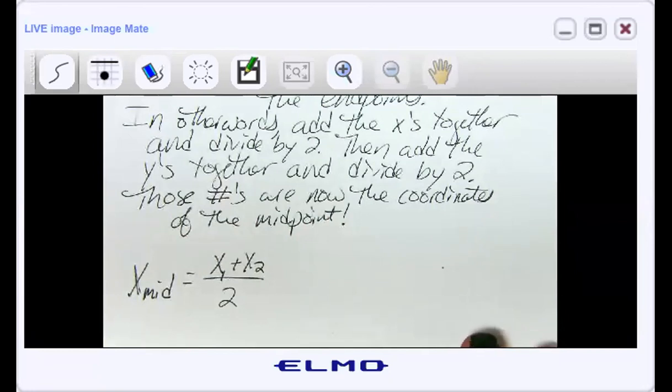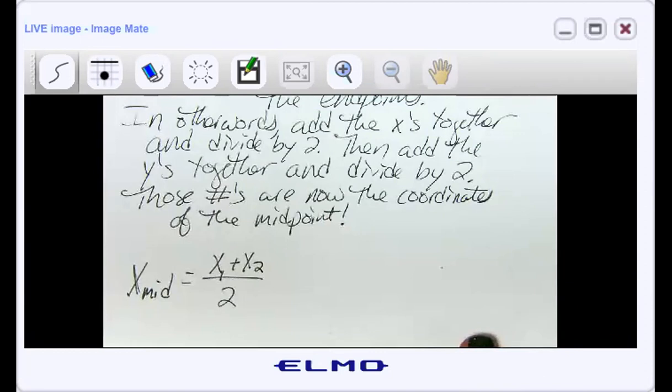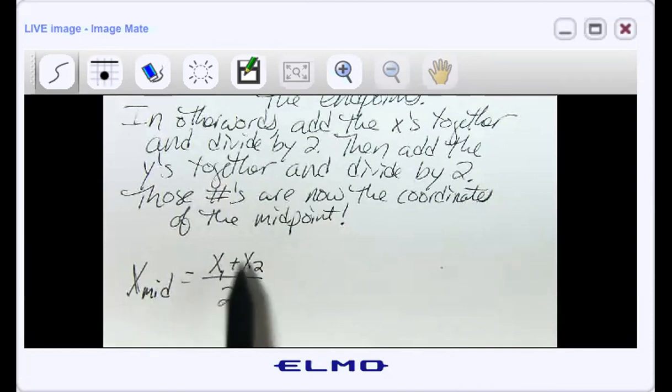All right, I know this looks weird at first, but once we do an example out, I think it'll be a lot more clear what all these pieces are. But this is just the x coordinate of the midpoint, so that's why we put the small MID down here, just so we know, okay, that's the x of the midpoint. And then x1 and x2 are just the x values of my endpoints.